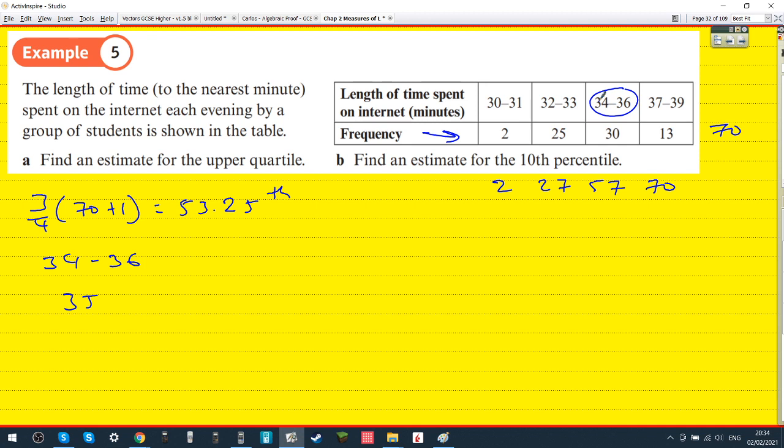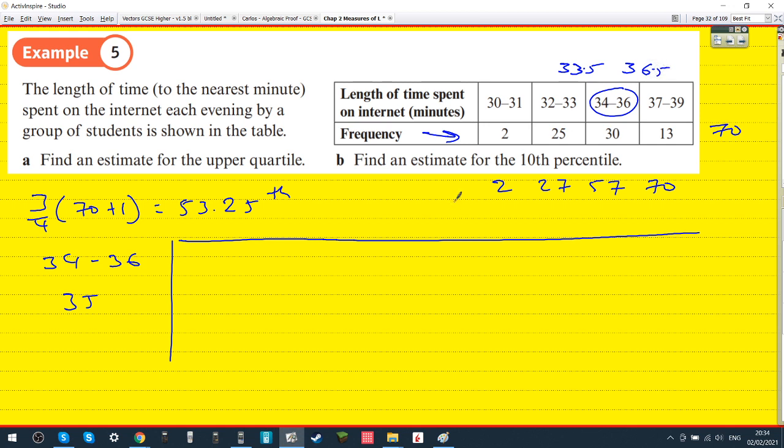So now we can use interpolation, I believe. Yep. However, we have to unround that group, like lower bound, upper bound. So it'd be 33.5 and 36.5.